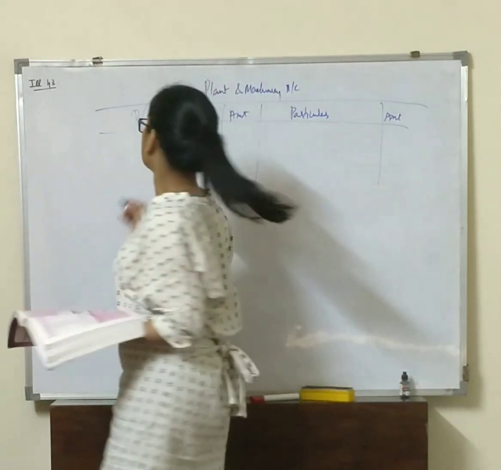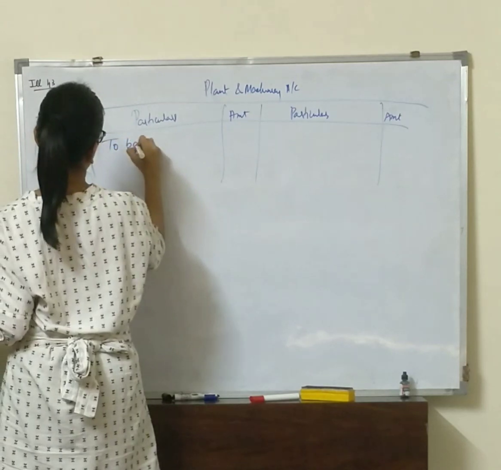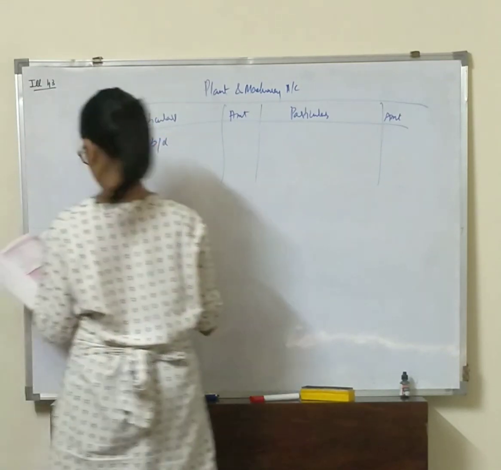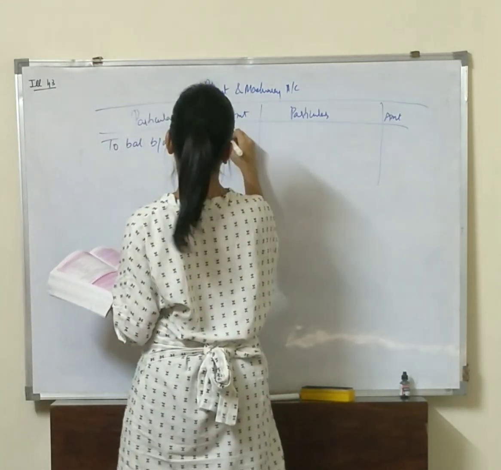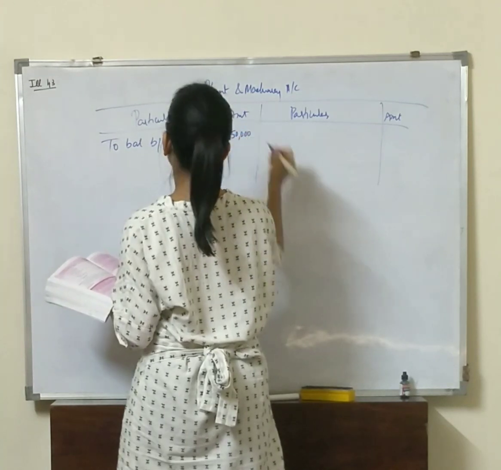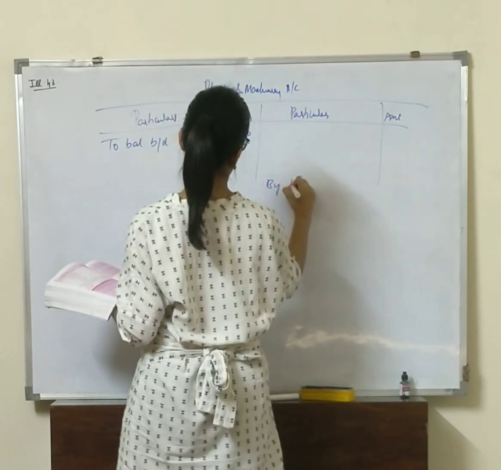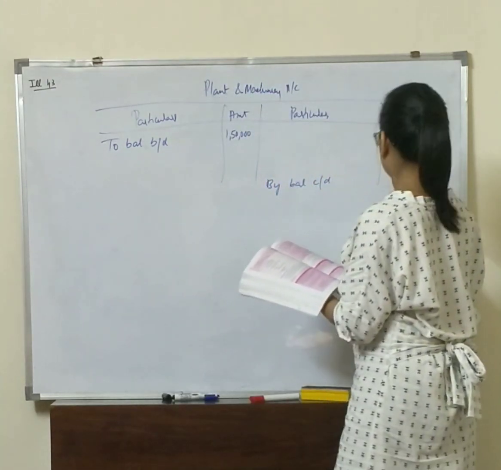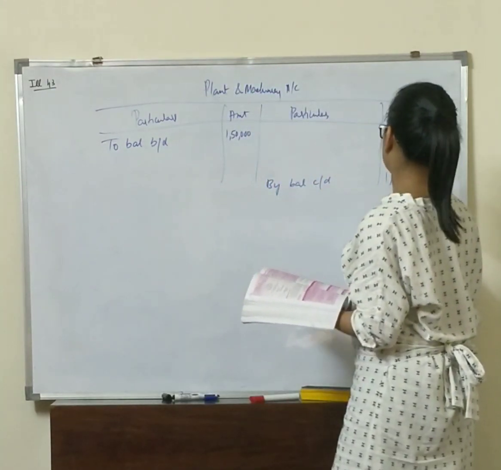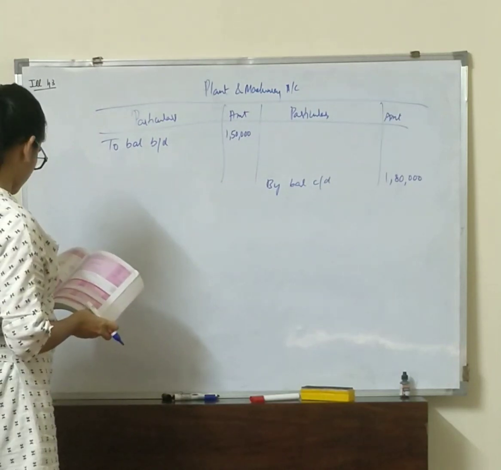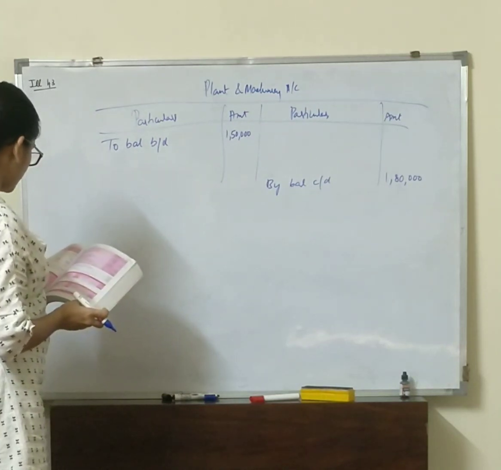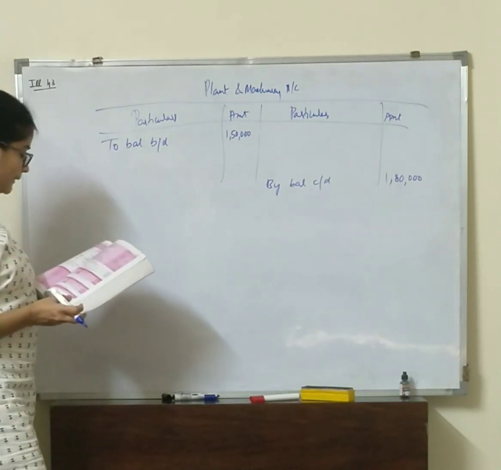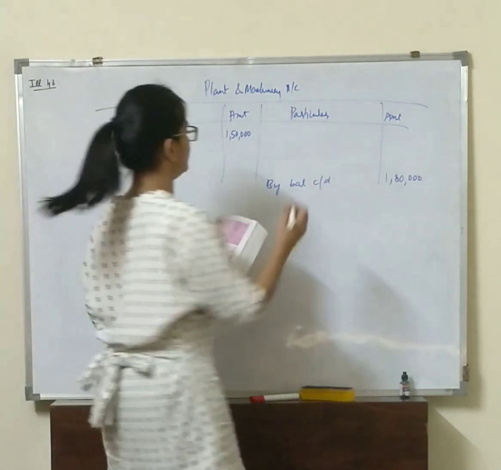So the first step is go to our balance sheet, go to assets. We have balance brought down. How much is the balance of plant and machinery? 1,50,000. Second step is by balance carried down. That is our closing balance. What is our closing balance? 1,80,000. Next, in the adjustment I have given, depreciation on plant and machinery was provided at 10% on last year's balance.